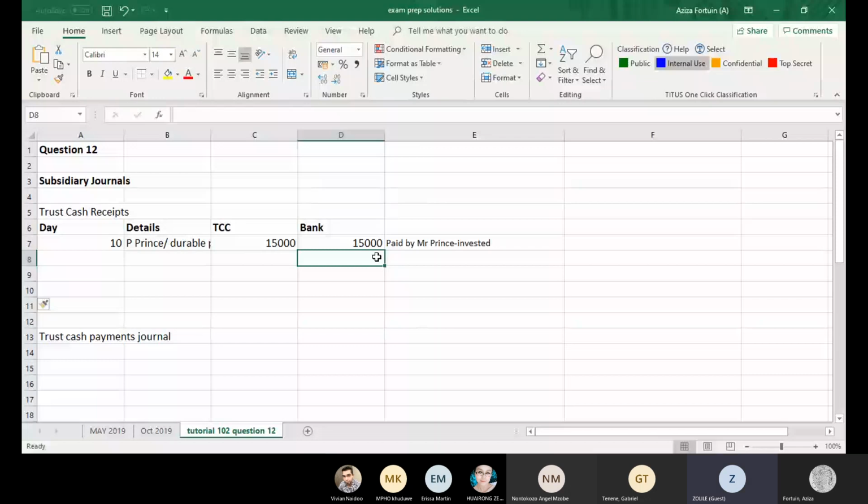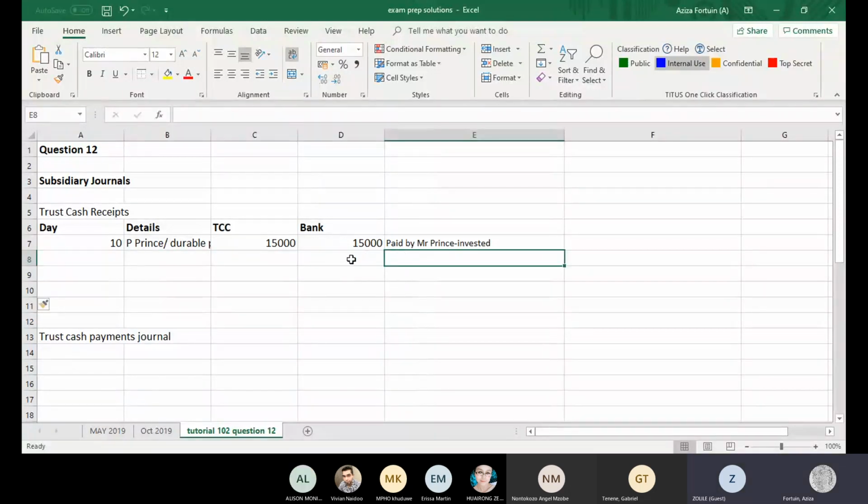Yes, that's a thing that I can notice actually about Mr. Prince. Anything else that must go into the trust cash receipts journal?